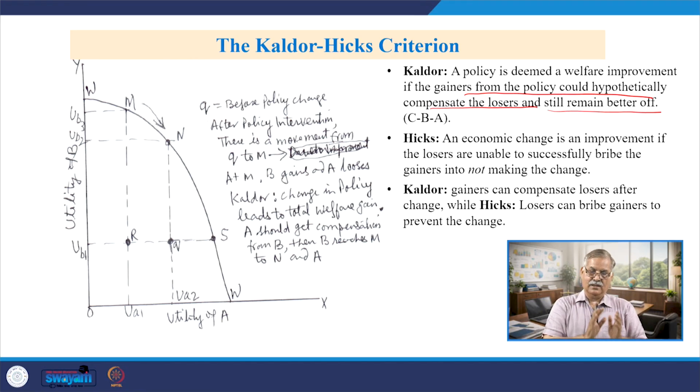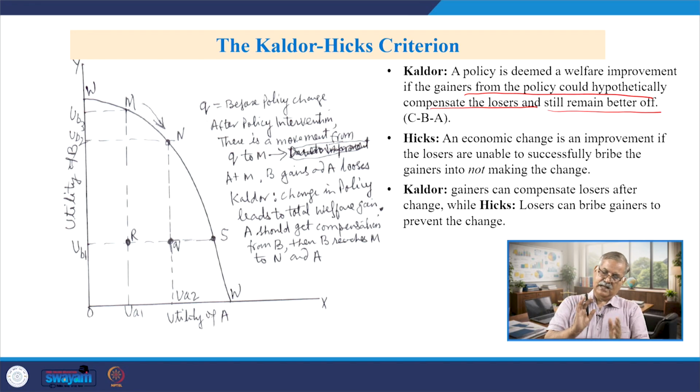So the Kaldor criterion indicates that when a public policy is implemented, say a development project is initiated, some persons will gain due to this, but some persons may lose because of displacement, etc. According to this criterion, if the person who gains compensates the loss of the person who loses utility because of this intervention and still gets a benefit, then the overall welfare of the society will increase.